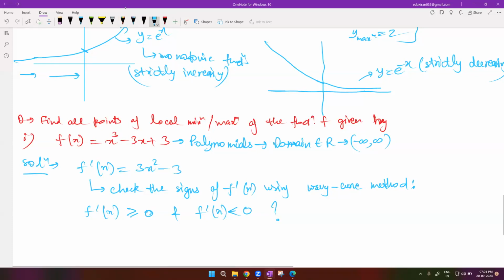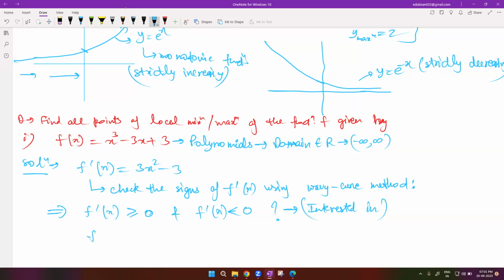And we know to solve this, we need the wavy curve method. Because that will directly tell us when fx is increasing and when fx is decreasing.